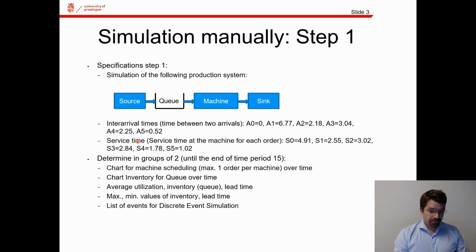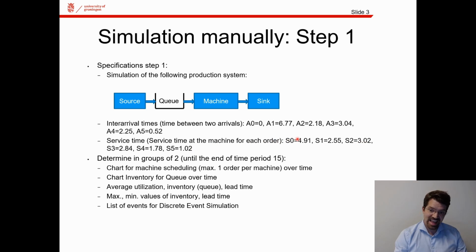And as well, you can see the same behavior for the service time, for the processing time at the machine. So the first order needs 4.91 time units to be processed. The second order needs 2.55 time units. The third order, 3.02, and so on.